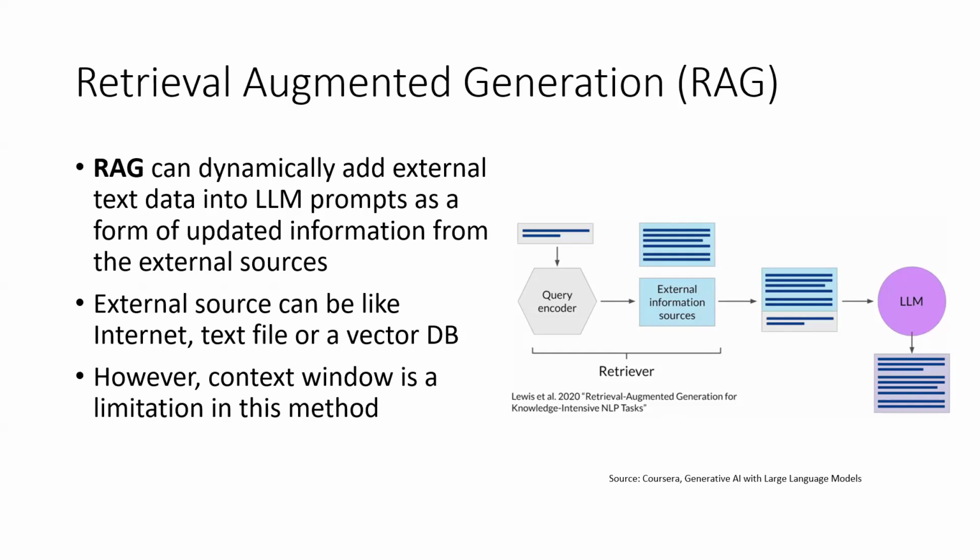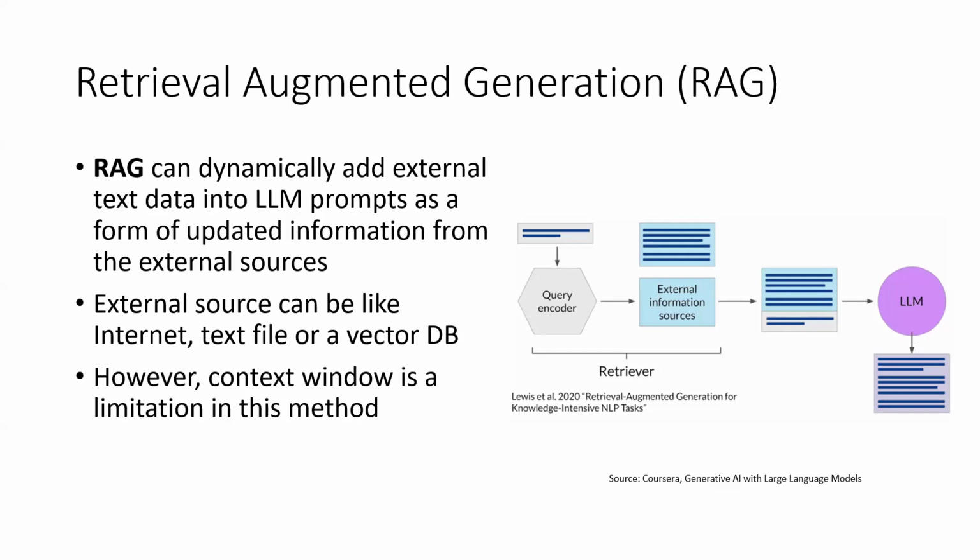So there is a workaround that people have found, known as retrieval augmented generation, where you keep the newly changing external information in external sources like vector databases or the internet or whatever file format.